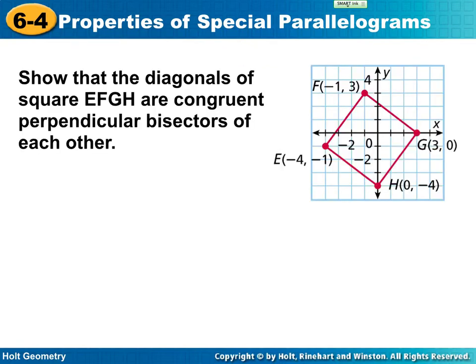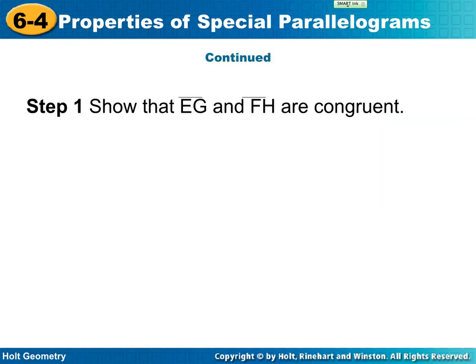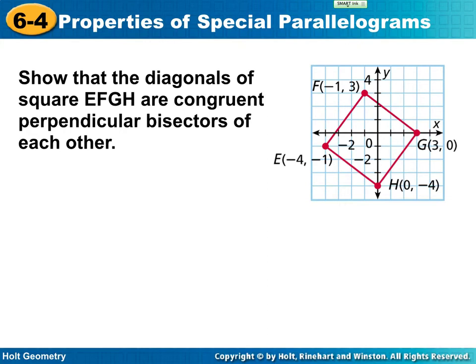Notice that FH would be one diagonal, EG is the other diagonal. So one key is don't do the sides, do the diagonals. And by that step one, what formula are we going to use? We're going to find the distance. We're going to do the distance formula.